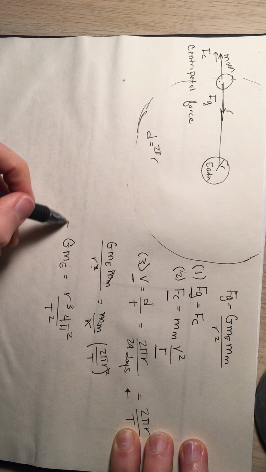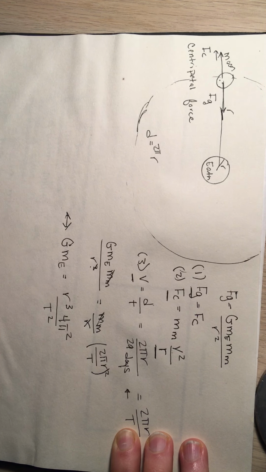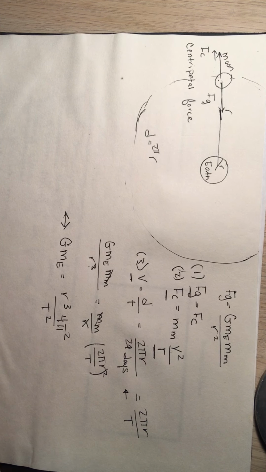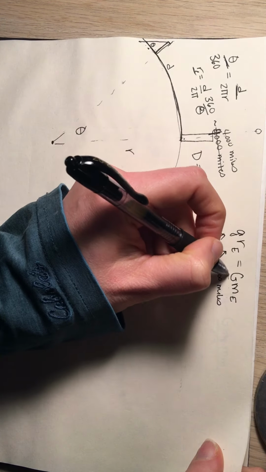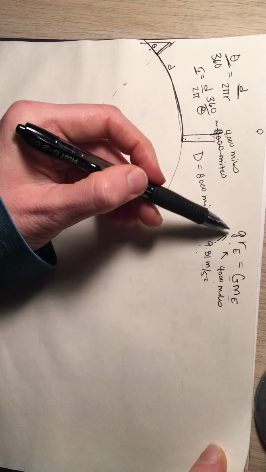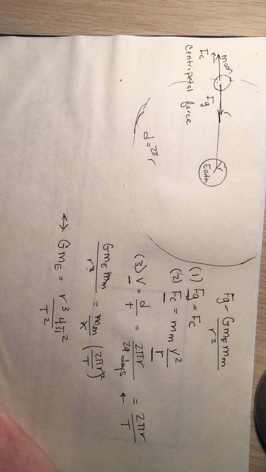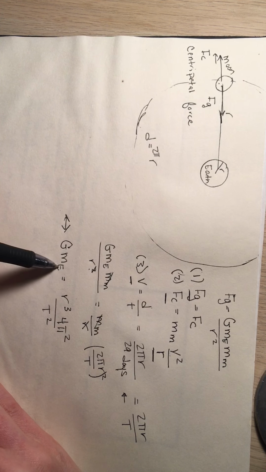So now we have a similar equation, a term G times the mass of the Earth. Here, G times the mass of the Earth equals two numbers we know: 9.81 meters per second squared, which is the acceleration caused by the mass of the Earth, and the radius of the Earth. So we know these terms, and here we know these terms.